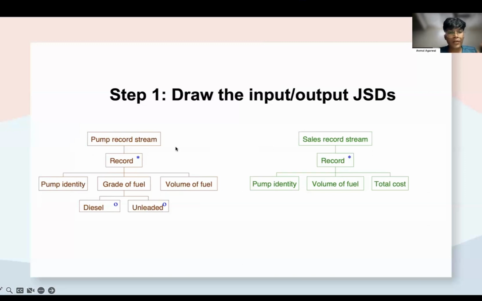So basically the pump record stream. In that we'll record the pump identity, grade of the fuel, and volume of the fuel. And the grade of the fuel has two things, either diesel or petrol. That is why the circles are drawn at the top of the box. Sales record stream, it is the output. So what will be given as output? Pump identity, volume of fuel, and the total amount or cost of the fuel.